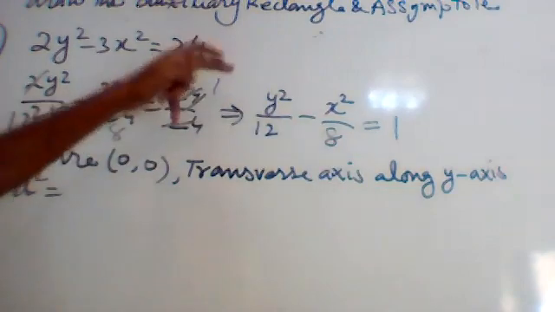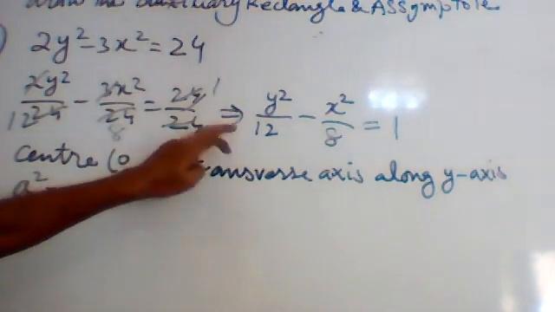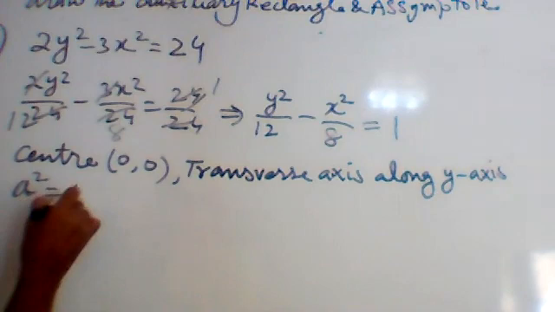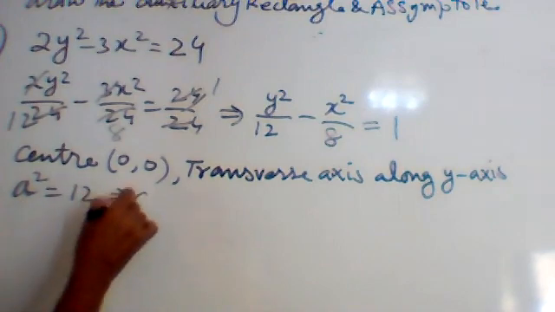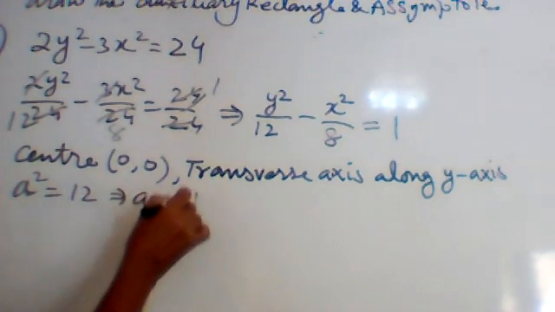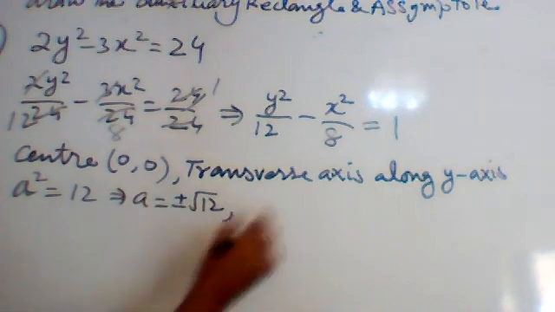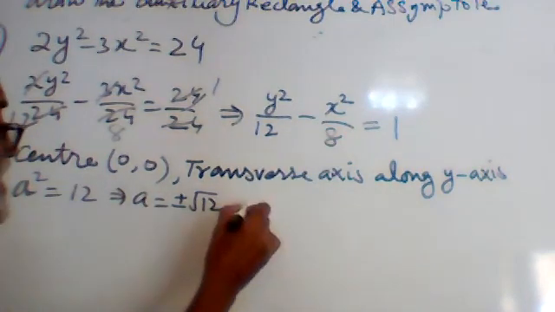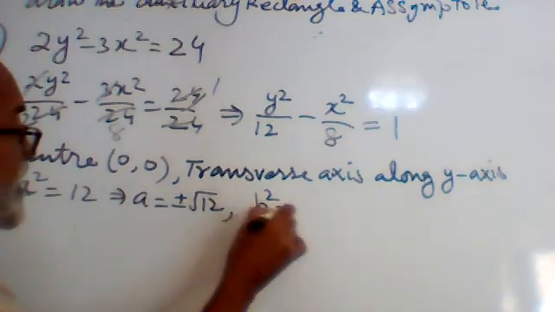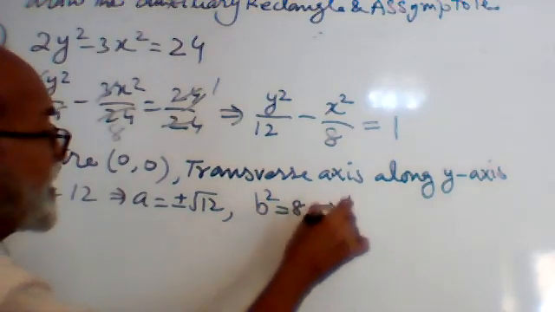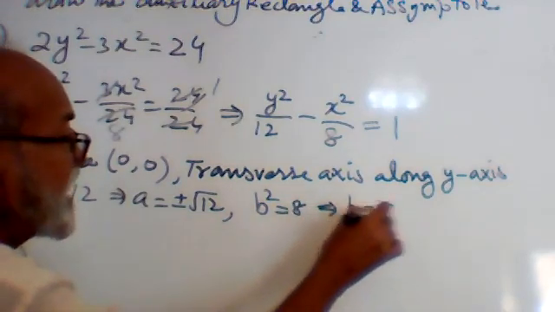Therefore under the y square will be a square. So a square is 12. A will become plus minus root 12. And under the x square will be b square equal to 8. So b will be equal to plus minus under root 8.